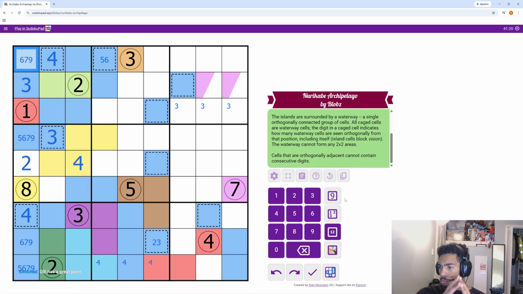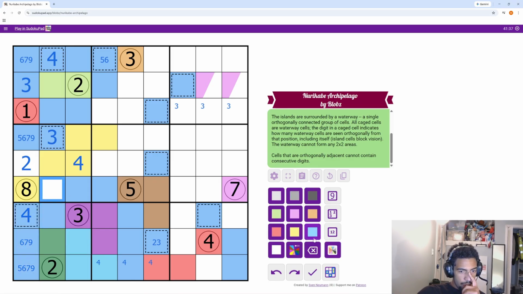Let's see. Ollie said the water at the bottom of column 1 has to escape. The water down here, right? It can't be like this. So this water has to go up. Right. So that means that this cell has to be yellow.